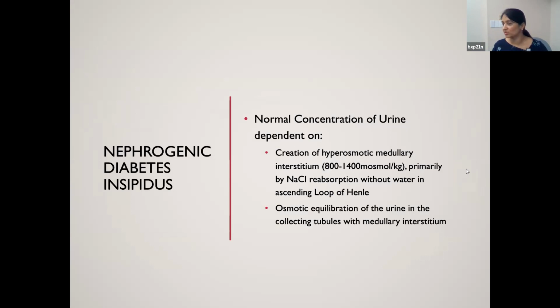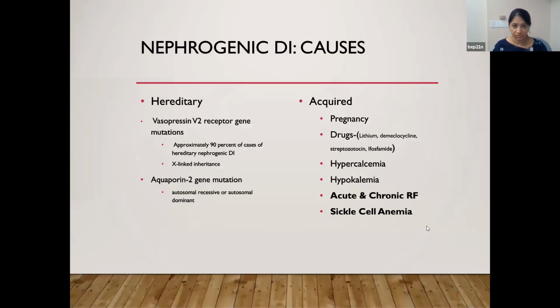So that is a water-resistant pathway. There the hyperosmotic medullary interstitium is created because you absorb all your salt around that area, and then the interstitium is osmolar, and the same thing with urea, that also gives you the interstitial osmolality. And then osmotic equilibrium of the urine in the collecting tubule with the medullary interstitium.